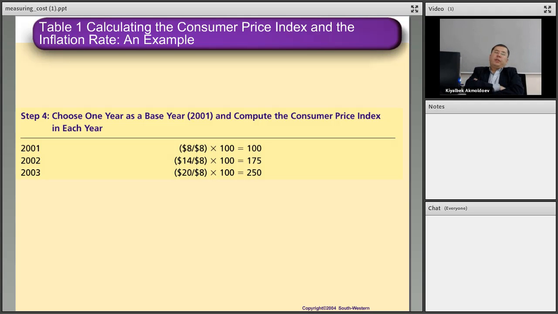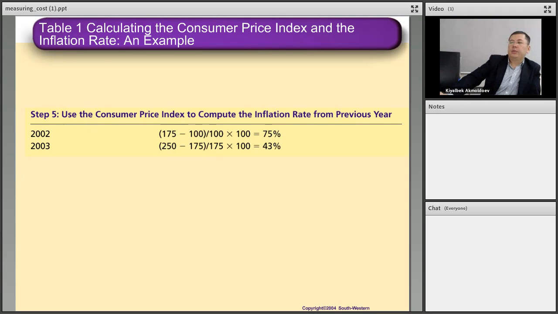Now, what's the next step? The next step is to calculate the inflation rate. How do we calculate inflation rate? CPI 2 minus CPI 1 divided by CPI 1 multiplied by 100.